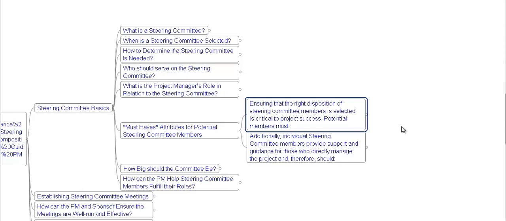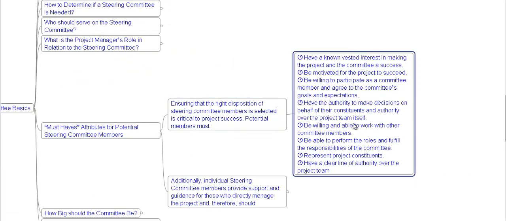Potential members must have a known vested interest in making the project and the committee a success, be motivated for the project to succeed, be willing to participate as a committee member and agree to the committee's goals and expectations, have the authority to make decisions on behalf of their constituents and authority over the project team itself, be willing and able to work with other committee members, be able to perform the roles and fulfill the responsibilities of the committee, represent project constituents, and have a clear line of authority over the project team.